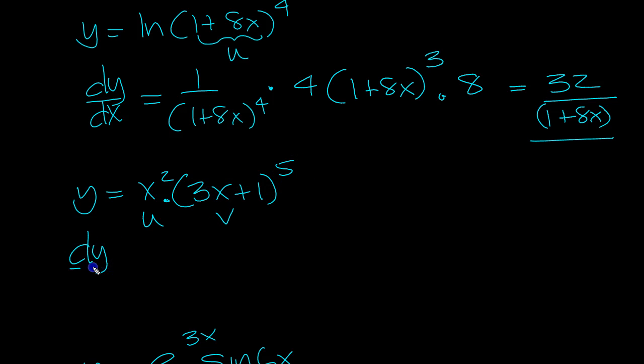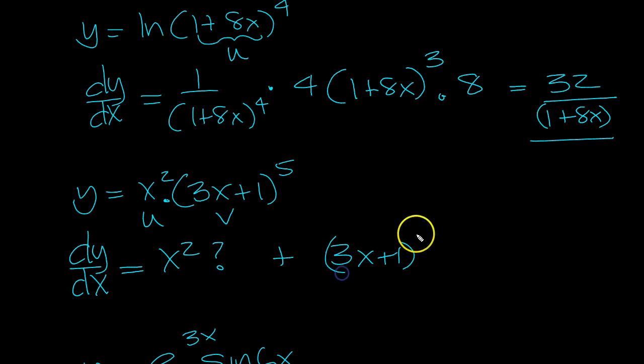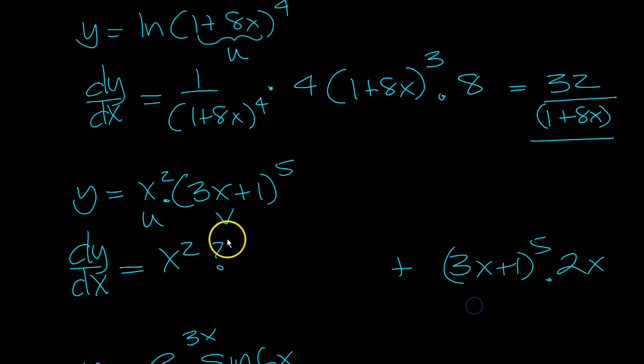So when we work that out, we've got to be careful. So dy/dx is u dv/dx plus v times du/dx, and that's okay. So everything else is okay. The only thing we need to worry about is dv/dx.